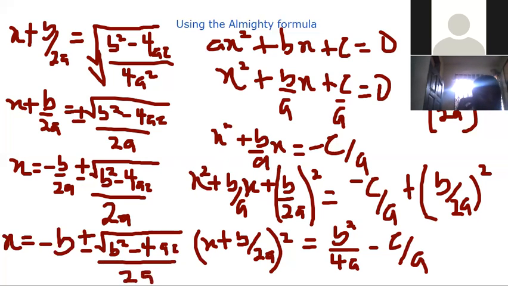So Ruben, talk to me. Please, I don't understand the right side of the down part, where x plus b all over 2a all squared is equal to b squared all over 4a squared minus c all over a. I don't understand how you got it.